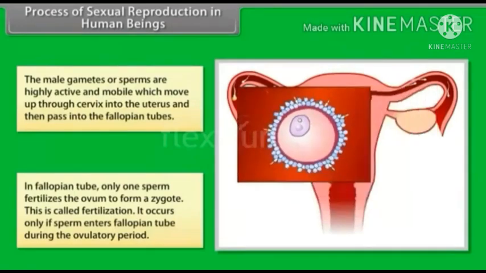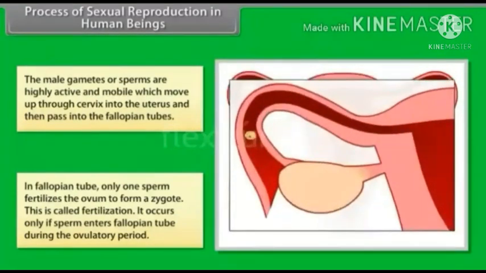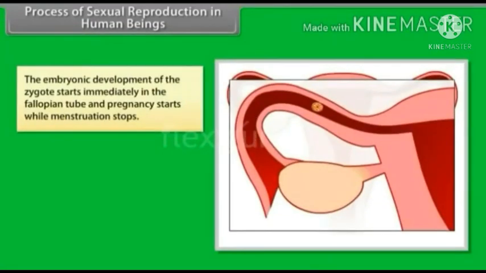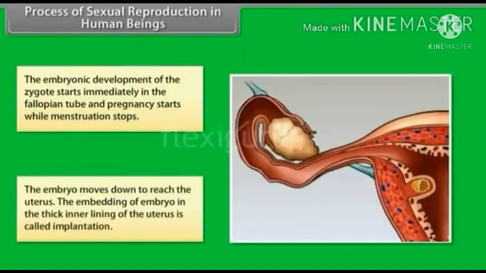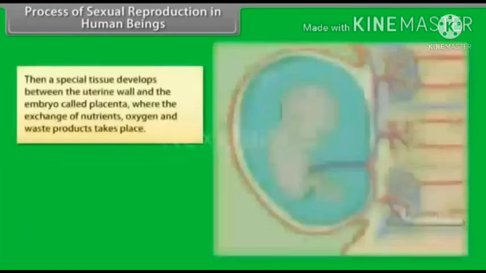It occurs only if sperm enters the fallopian tube during the ovulatory period. The embryonic development of the zygote starts immediately in the fallopian tube and pregnancy starts while menstruation stops. The embryo moves down to reach the uterus. The embedding of the embryo in the thick inner lining of the uterus is called implantation.